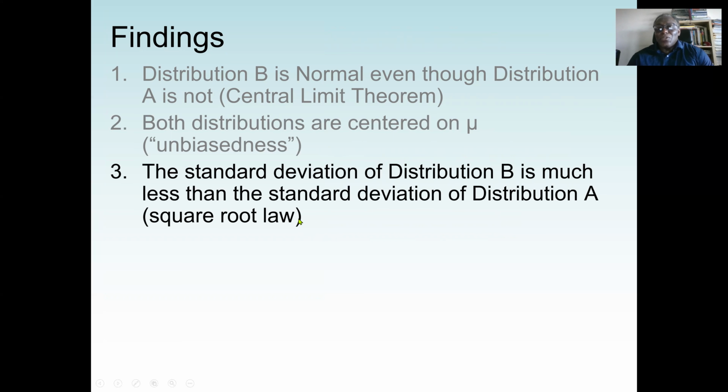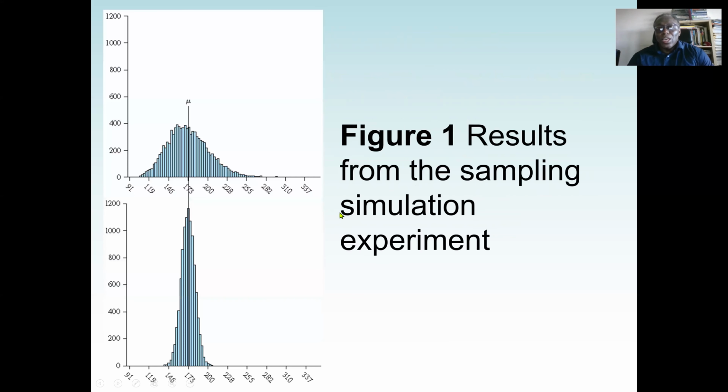Then also the standard deviation of distribution B will be much smaller than the standard deviation of distribution A. This is what we call the square root law. And we can even see from the graph that distribution B is shrinking very small, while distribution A is wide. So this means the standard deviation of the population distribution A is larger than the standard deviation of distribution B. And actually we have a term for it.